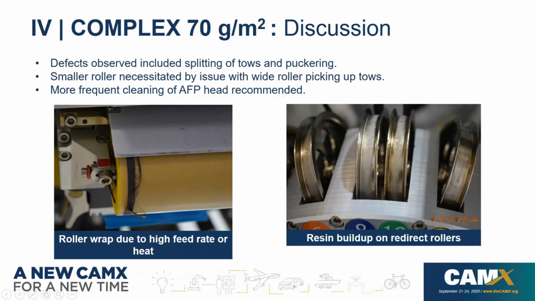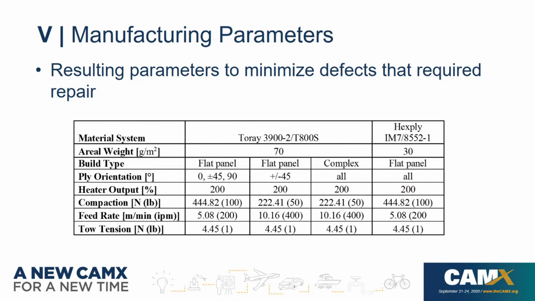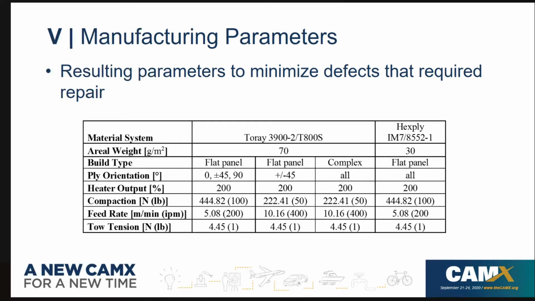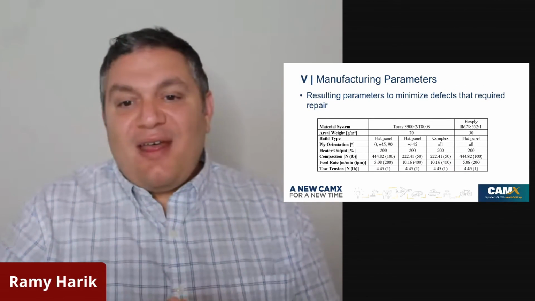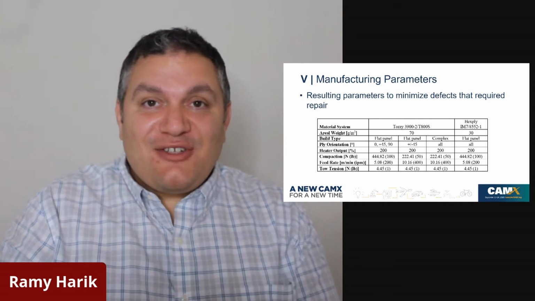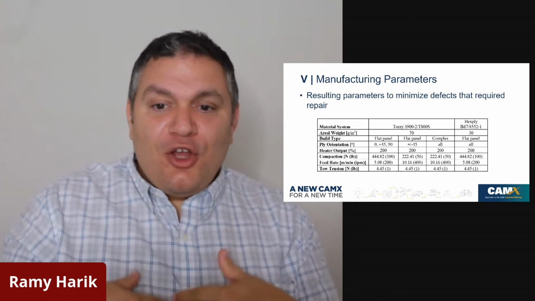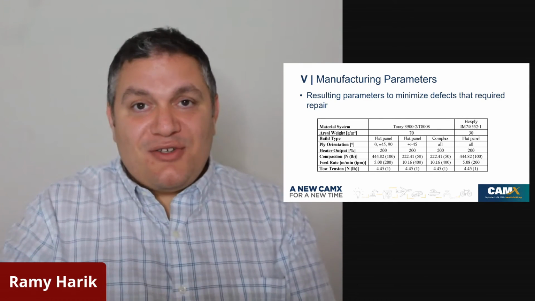And you can clearly see here the resin buildup that necessitated this more frequent cleaning of the AFP head. So this is in summary the resulting manufacturing parameters that we observed to minimize the defects that require repair.